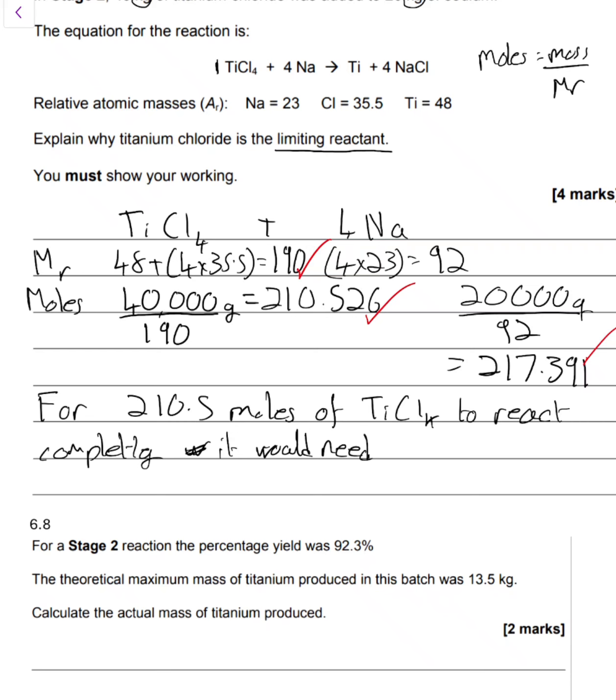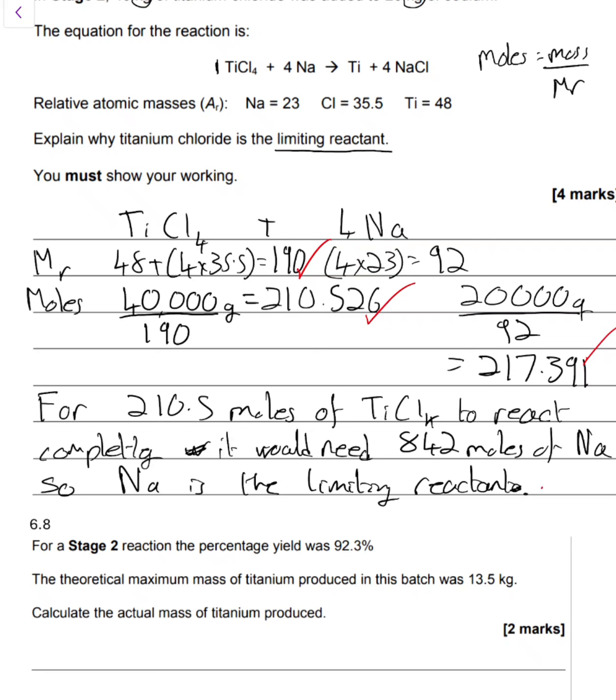So it would need 4 times 210.5. It would need 842 moles of sodium. So sodium is the limiting reactant.